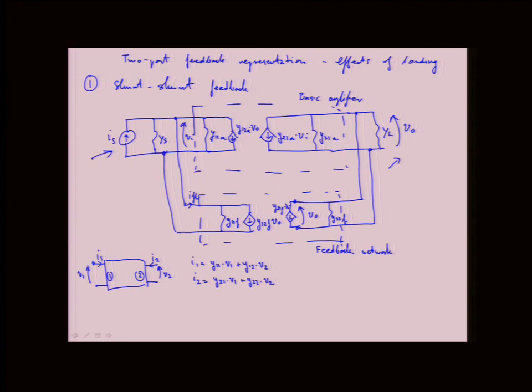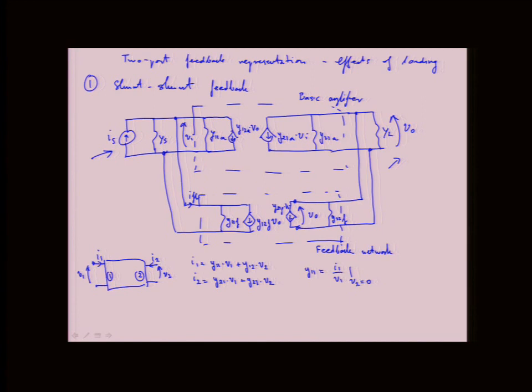What this also means is that if I start playing tricks with this circuit, I can extract what the parameters Y11 through Y22 are. For example, Y11 is I1 over V1 when V2 equals 0. So if I short port 2 and measure the current into port 1 while applying a test voltage at port 1, I can extract Y11.